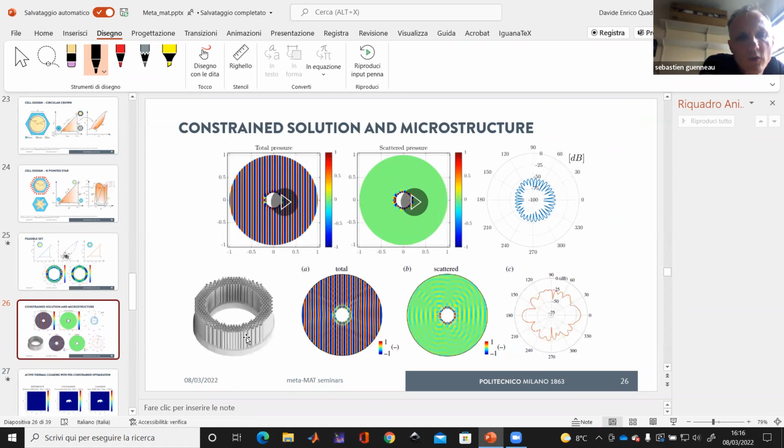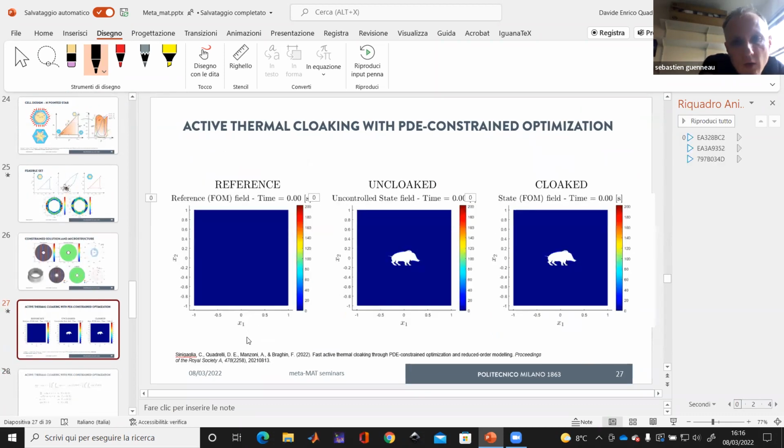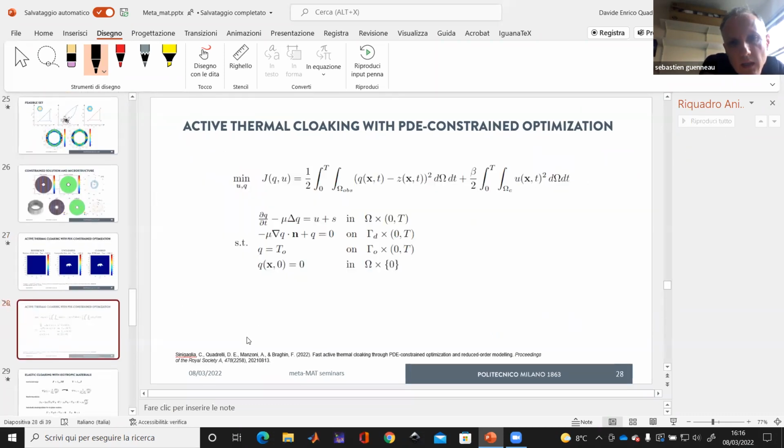I've got another question. Regarding the active cloaking, how do you set up your optimization algorithm? Because now you have sources, so what exactly do you specify for them?